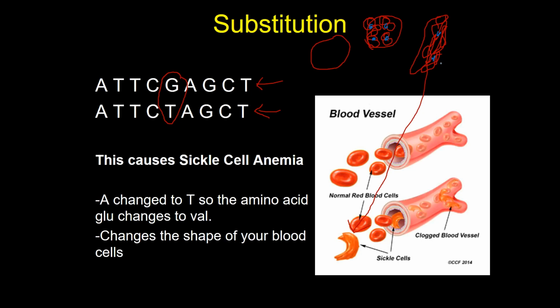That's going to be really bad for your athletic performance, just walking around, stuff like that. And as you can imagine, those sickle cells are going to get clotted in your bloodstream. However, if you have sickle cell anemia, there is a little parasite called malaria that you then cannot get in certain cases. So this has been a very beneficial mutation for people that live in areas where malaria is very prevalent, because these people are not as susceptible to getting malaria, which is kind of interesting as well.